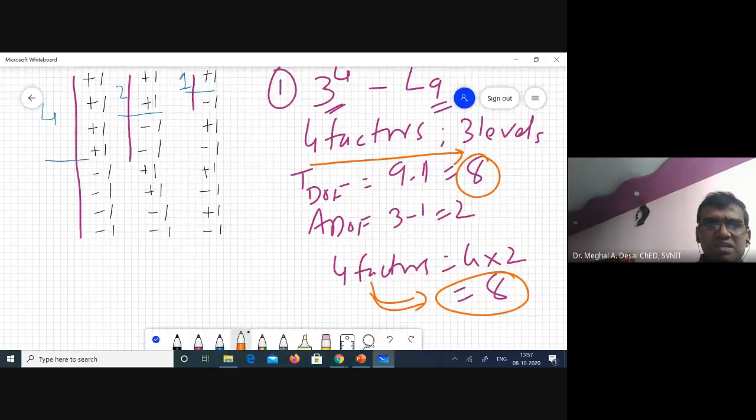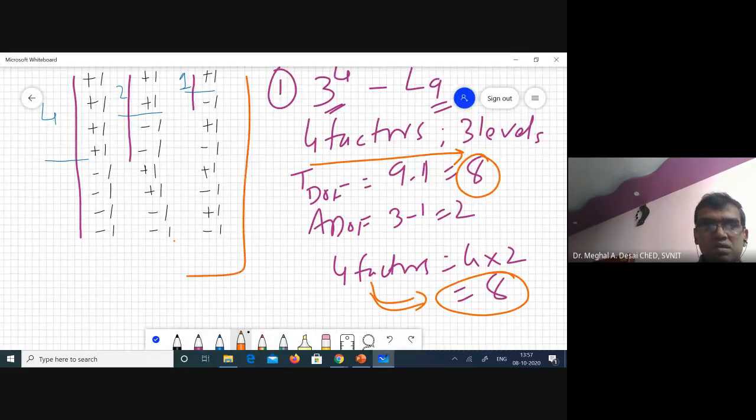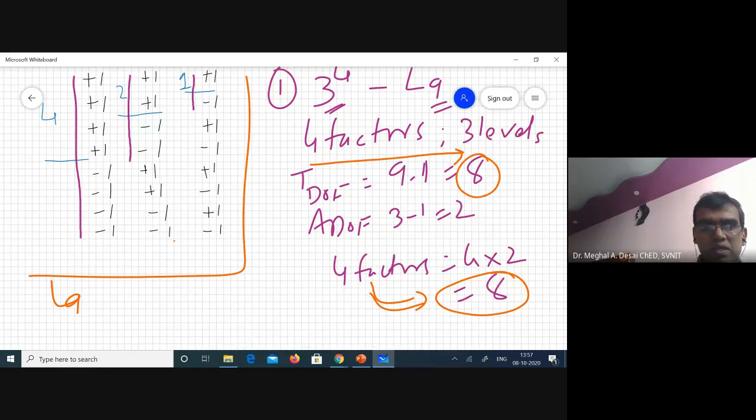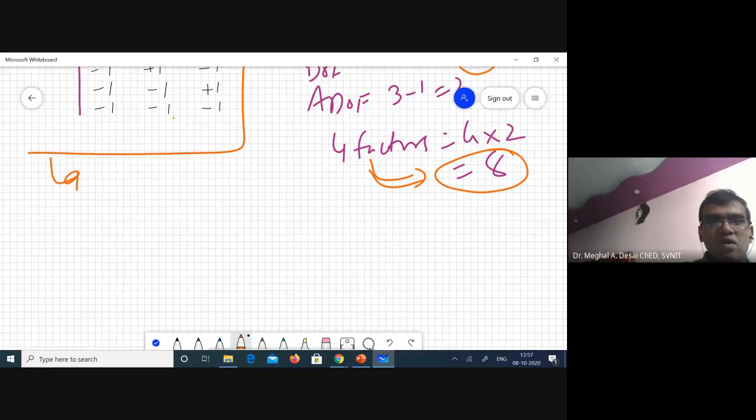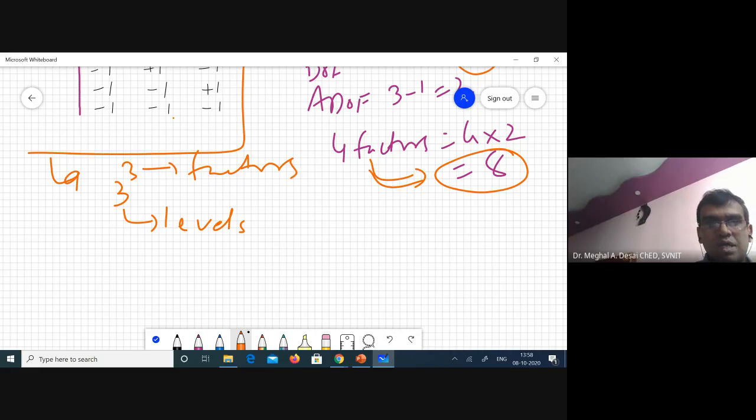Now, it is seen that the same L9 array is useful for the 3 to the power 3 design also. That means 3 levels and 3 factors. Now, if I find the total degree of freedom, it is again 9 minus 1, 8.